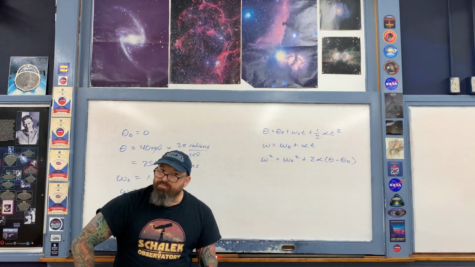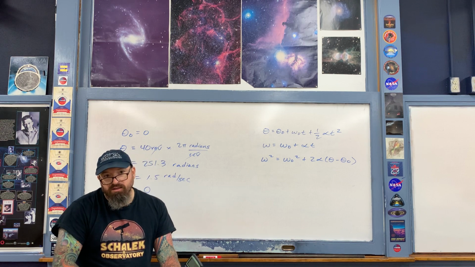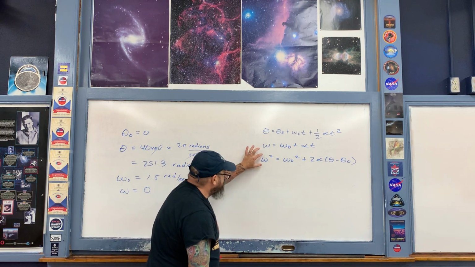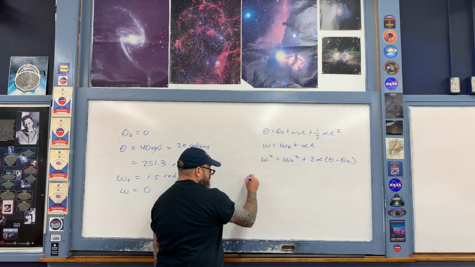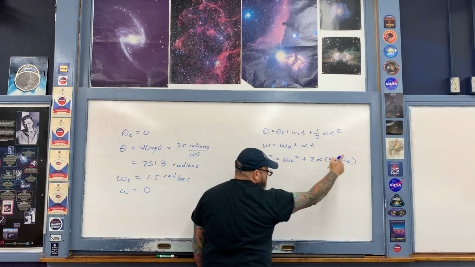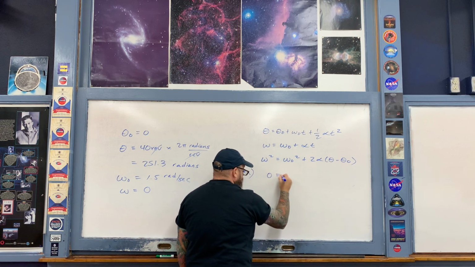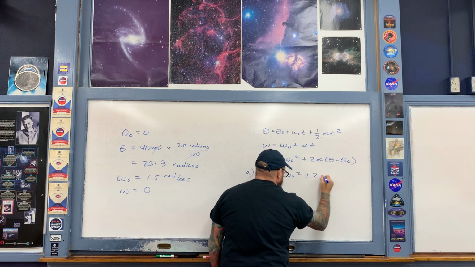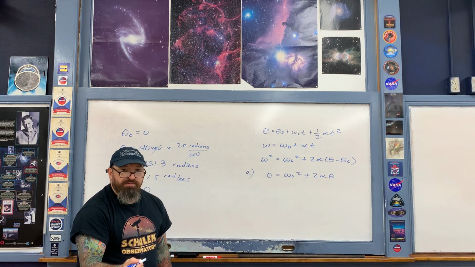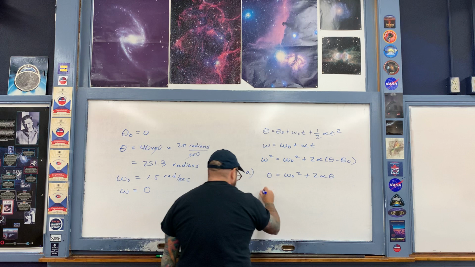And now in part A of the problem, it asks to find the angular acceleration. So in order to find the angular acceleration for this example, we'll actually use the third kinematics equation to do so. So let's go ahead and plug in our zeros. So the object comes to rest and it starts at the origin. So I plug in my zeros like so, and then run through the algebra here to solve for the angular acceleration alpha.